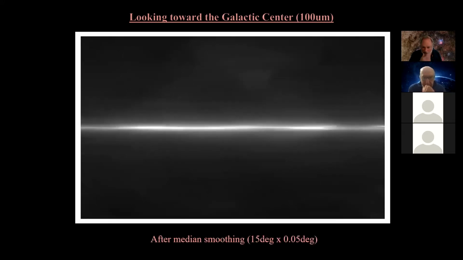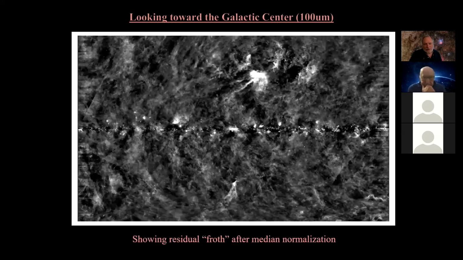And this is what we did: we smoothed the emission in longitude, okay, but not in latitude. And then we took this image and divided it into the original image. And what you get are the residuals, the relative enhancements of infrared emission.